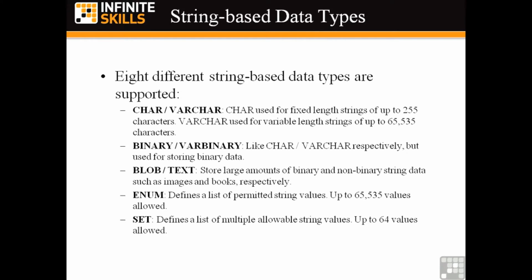So, for instance, you might use the set type to identify multiple preferred forms of communication, such as email, phone, and text message. Because a customer could conceivably prefer multiple forms, for instance, they might say it's okay to contact me via both email and phone, you would use this set type to identify those multiple accepted values.